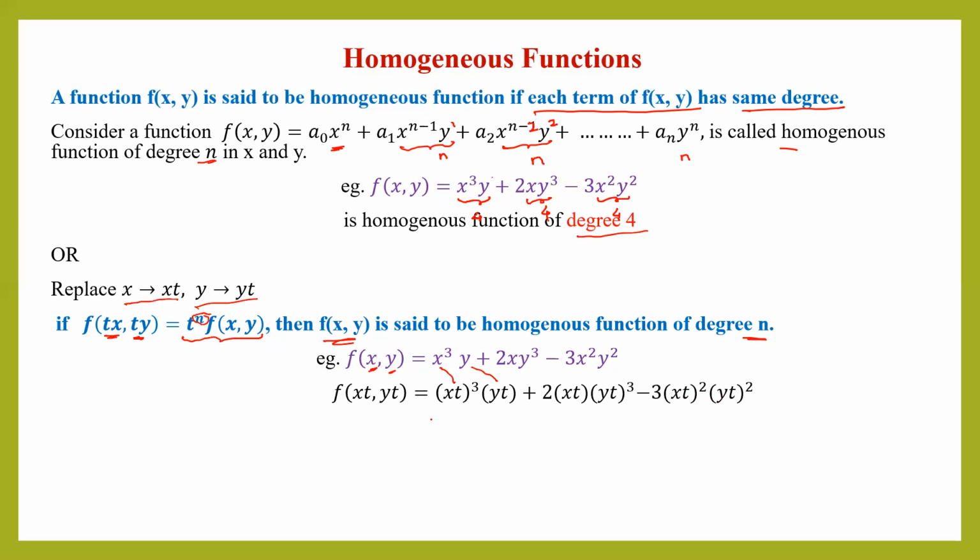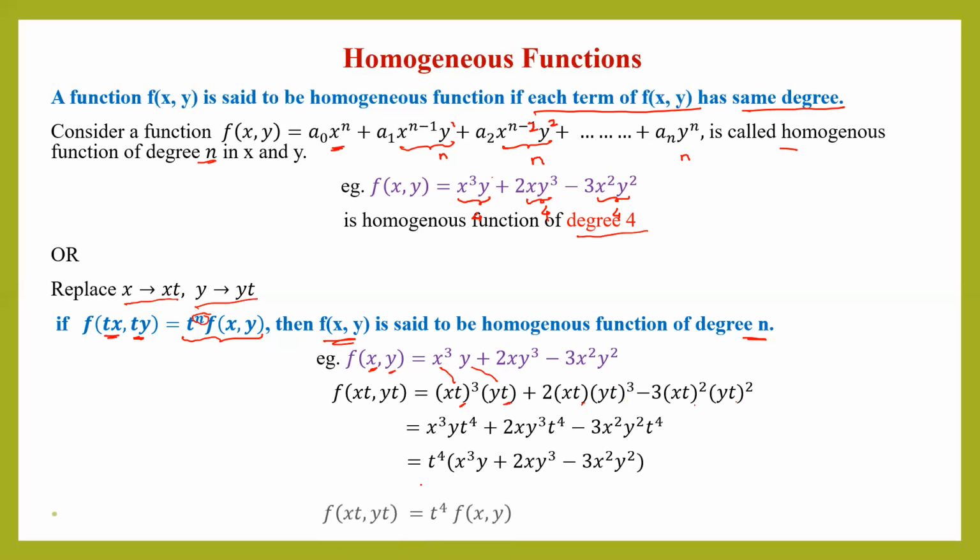Now you can see here we have t cubed times t, so the power is t raised to 4. Here again t cubed times t gives t raised to 4. This is t squared times t squared, power t raised to 4. So you will get the terms like this. Now take t raised to 4 common and you will get this. It means we have the original function back, f of x, y.